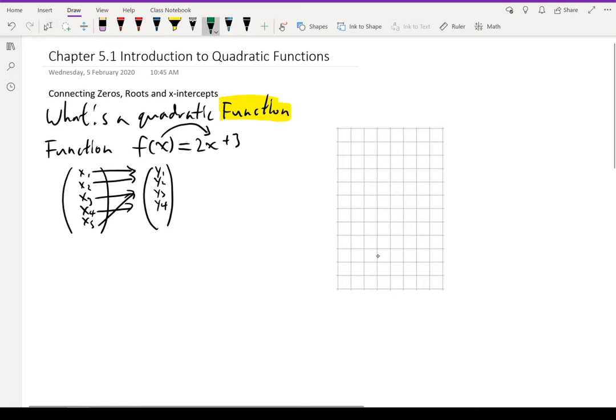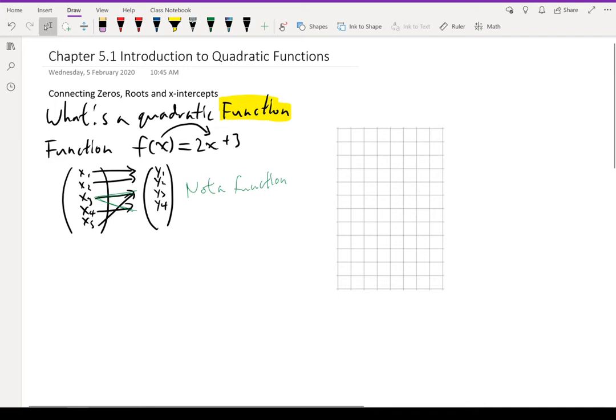If we have one value of x that connects to two values of y, like that in green over here, that is not a function. It has to be one value of x that corresponds to one value of y. And so this is the meaning of function.